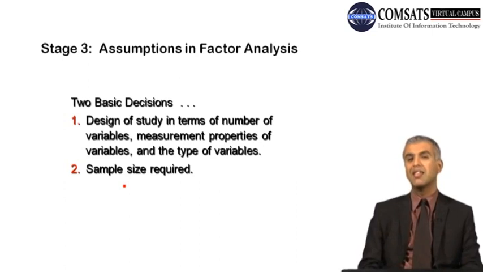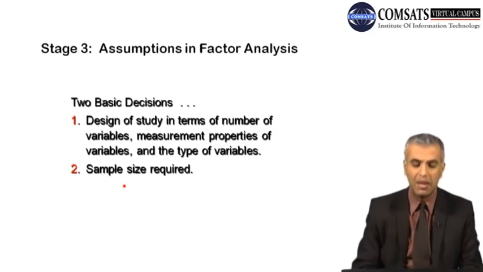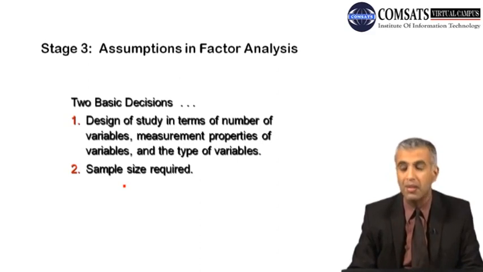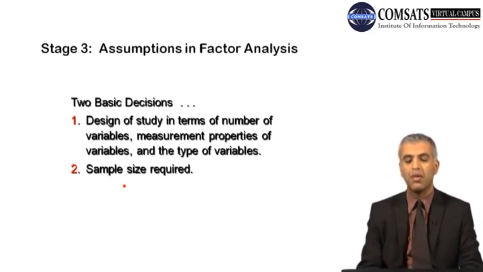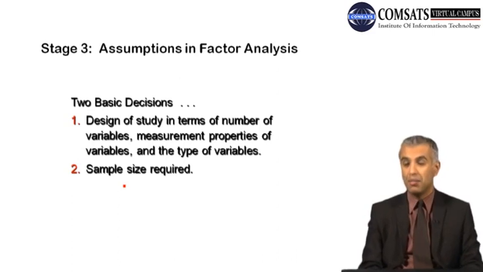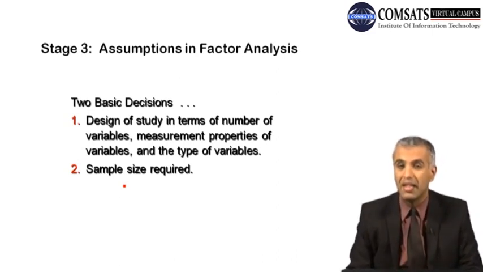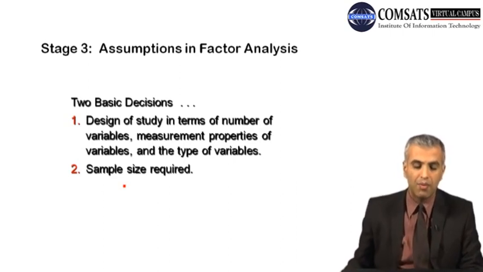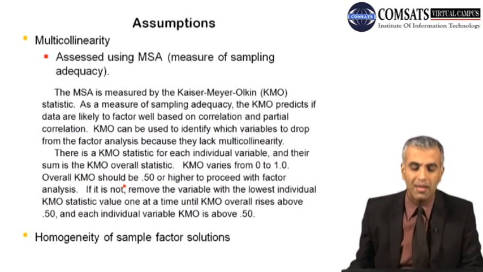These conditions are directly related to the basic decisions we made based on the design of the study, in terms of the number of variables, the measurement properties of variables, and the type of variables. Without these basic decisions made, our assumptions for factor analysis cannot be fulfilled. So moving ahead, what are these assumptions?